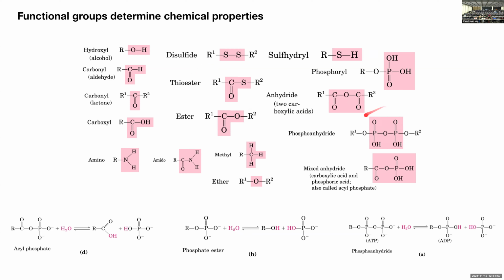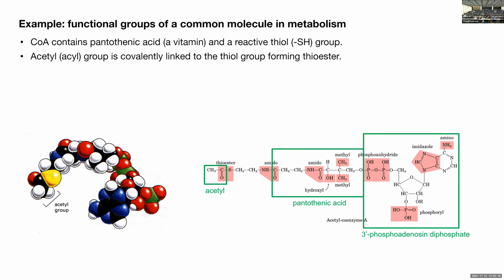A phosphodiester bond is also important, where it connects the nucleotides. All these determine the chemical properties of the different molecules that go through metabolism. And again, enzymes attack especially these functional groups to break them down.